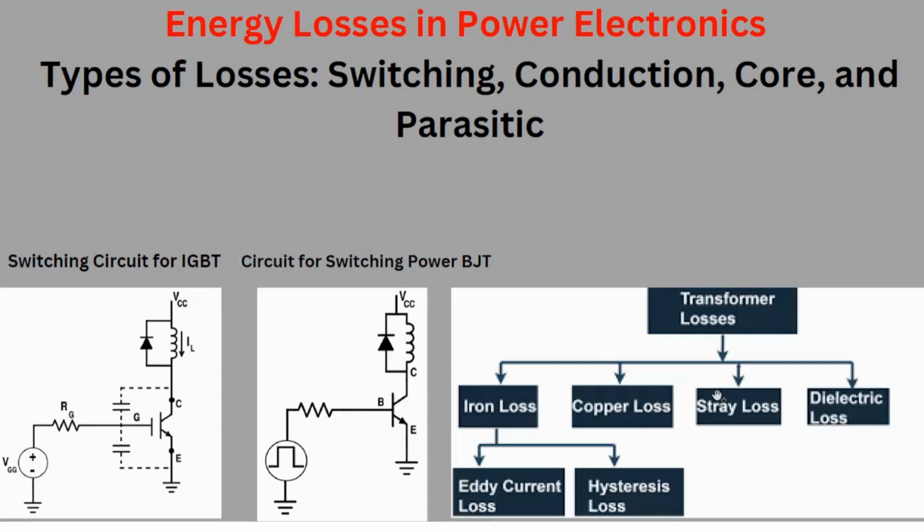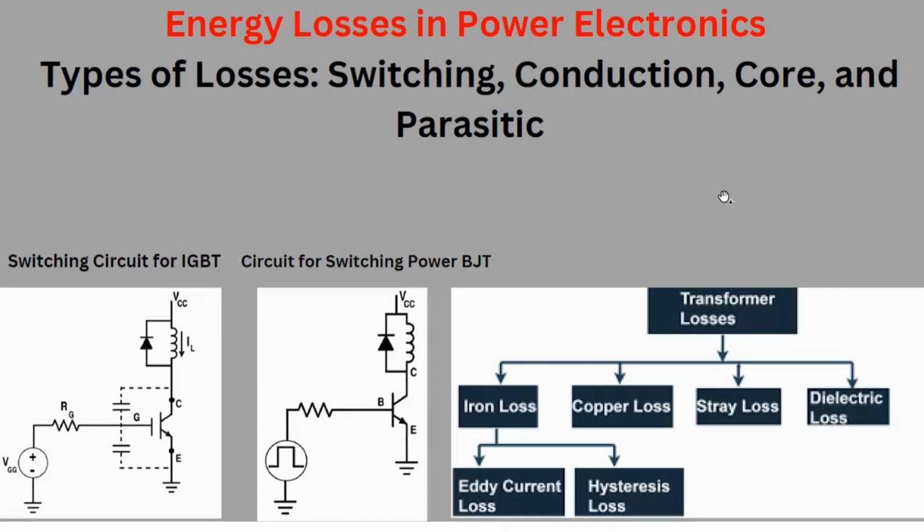So these are the losses in the transformer. You will use a transformer which has the minimum losses. Just for example, I have given you switching, conduction, core, and parasitic losses. These are the different types of losses you have to keep in mind.